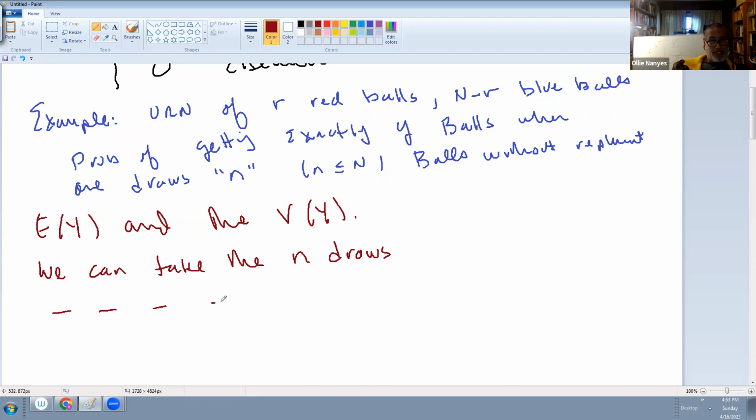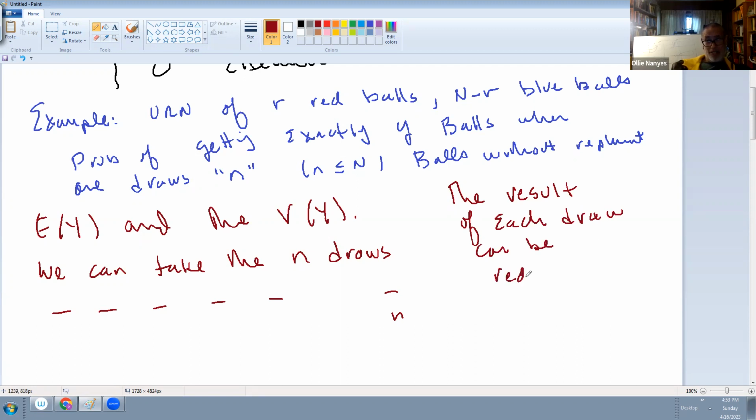The result of each draw can be either red, in this case, or not red.